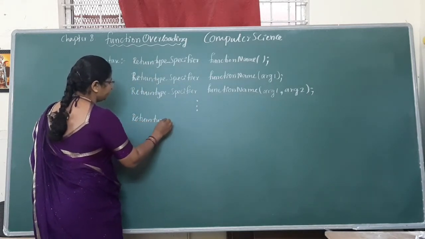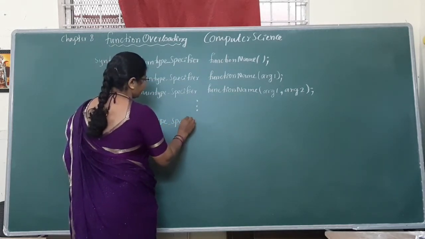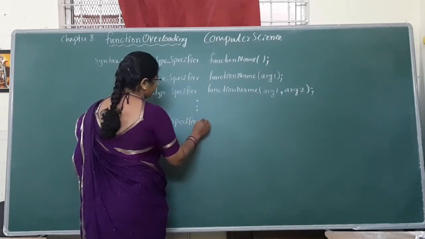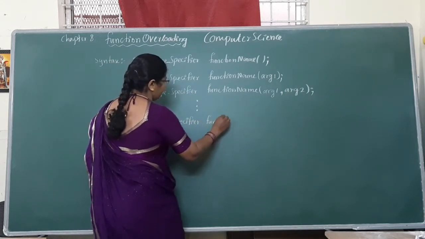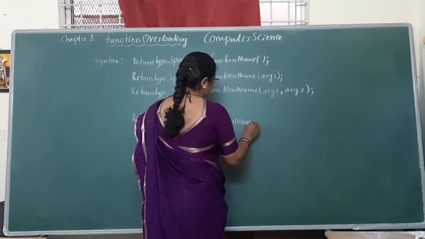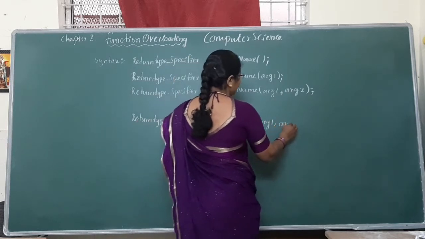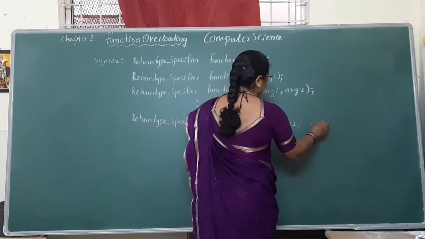Return type specifier, function name, it contains n number of arguments. Each argument is separated by comma.